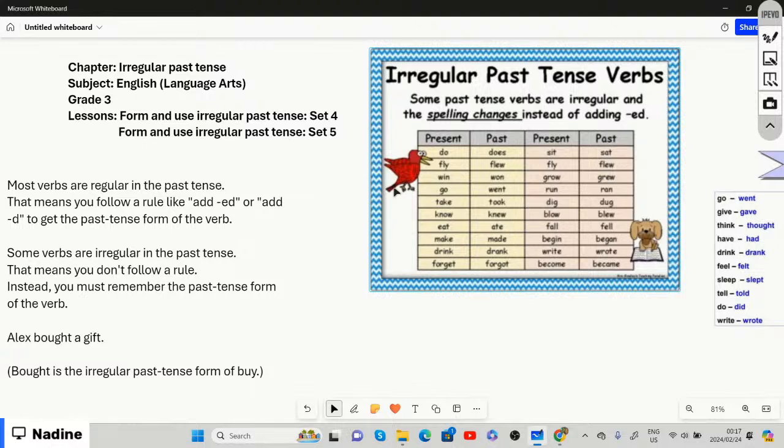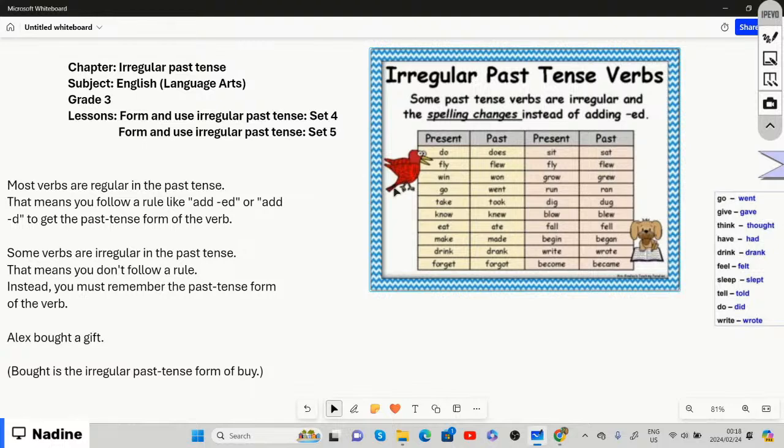And that is why I'm saying that you're going to have to remember the form, because the word or the spelling changes. Win. If you win something now, in the past you won something.